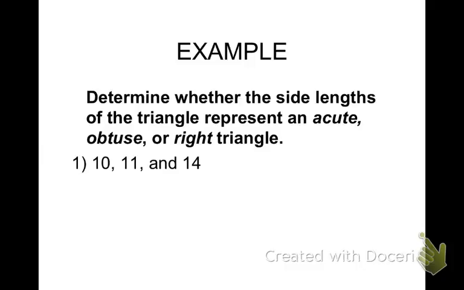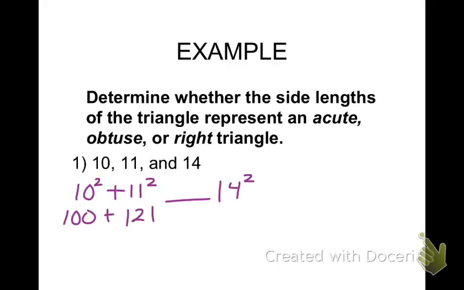So if we look at number 1, which number should be your c? 14. So let's set up 10 squared plus 11 squared, and then we're going to compare it to 14 squared. So 10 squared is 100, 11 squared is 121, 14 squared is 196.